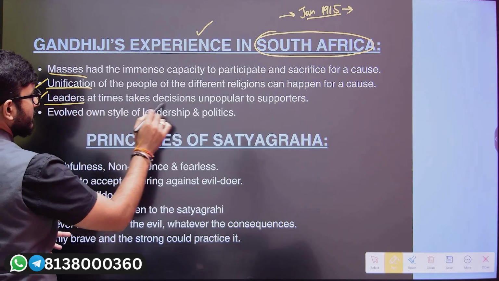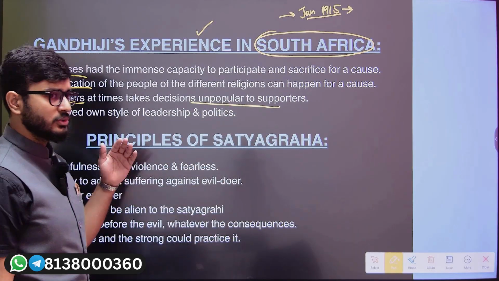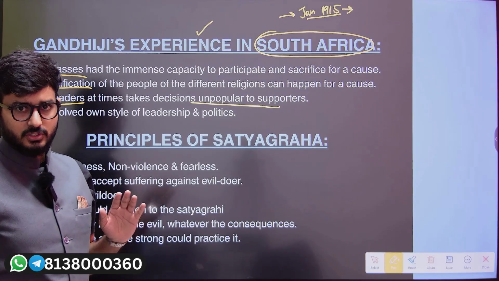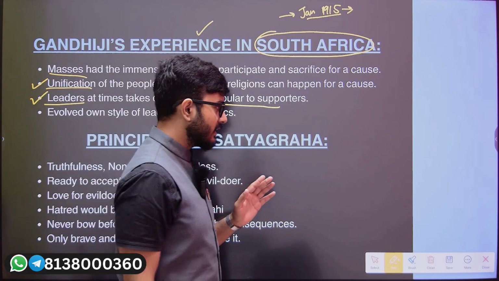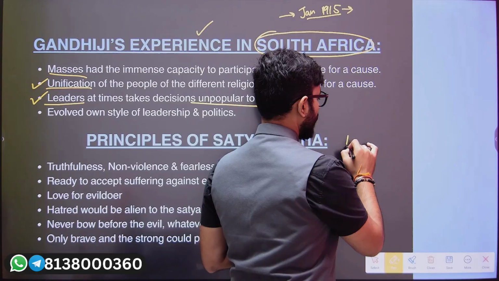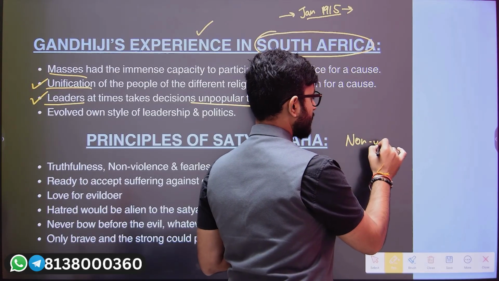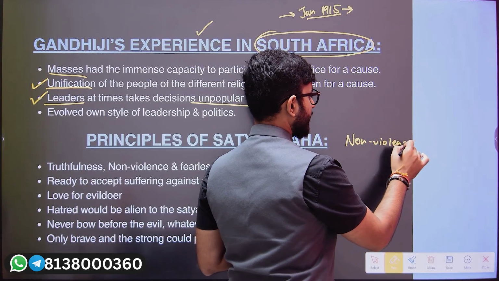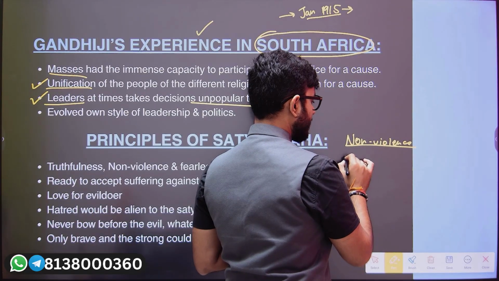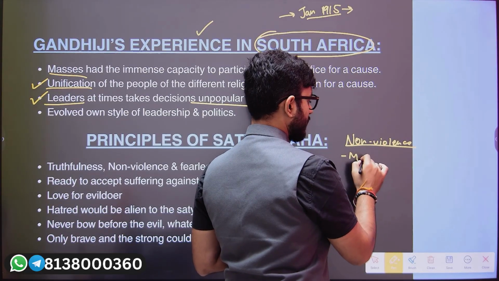Moreover, he also learned that it was the leaders who sometimes had to take unpopular decisions. For example, Gandhiji was a person who wanted every activity to happen in non-violence, and he is carrying out a particular march.